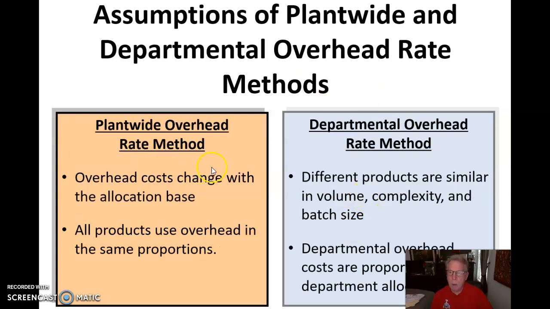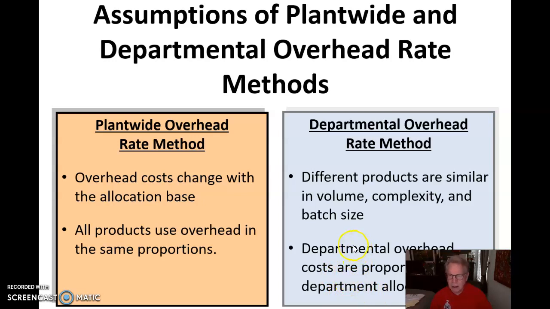Okay, so the plant-wide overhead rate method, the overhead costs change with the allocation base, of course, and all products use overhead in the same proportion. Those are our assumptions. We know that that's not quite right. But here, different products are similar in volume, complexity, and batch size, and we know that that isn't necessarily true. Departmental overhead costs are proportional to the department's allocation base.